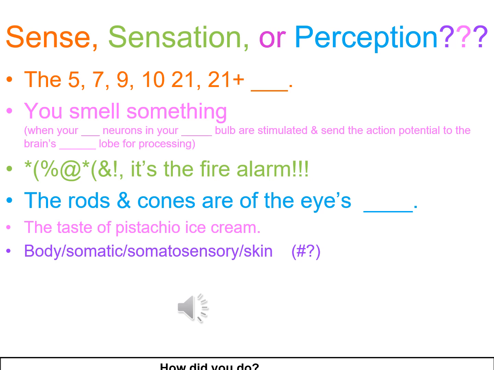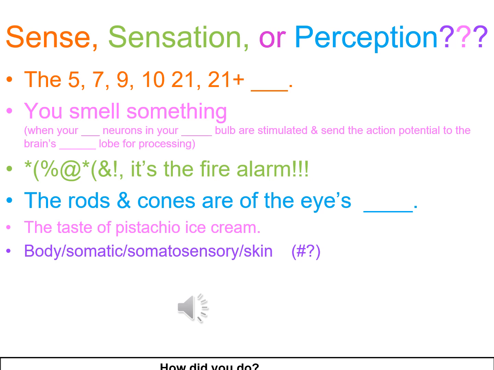And which lobe of the brain would it get sent to? Hopefully you went with the frontal lobe. When you interpret that smell and you say, it's the fire alarm, okay, that would be a perception. The rods and cones are part of the eyes. Well, it'd be the retina. And would it be sensation or perception? Hopefully you went with sense. So retina and sense.